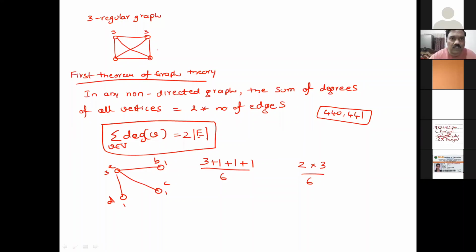It is 3, 3, 3, 3. How many vertices are there with odd degree? 4. Yeah. So the sub-theorem statement is very simple.